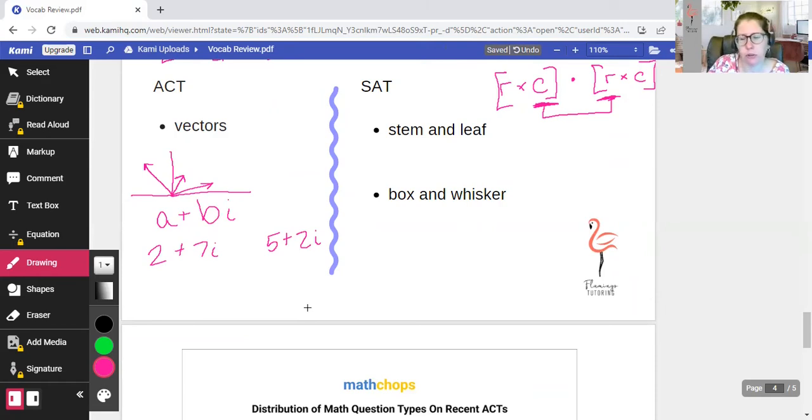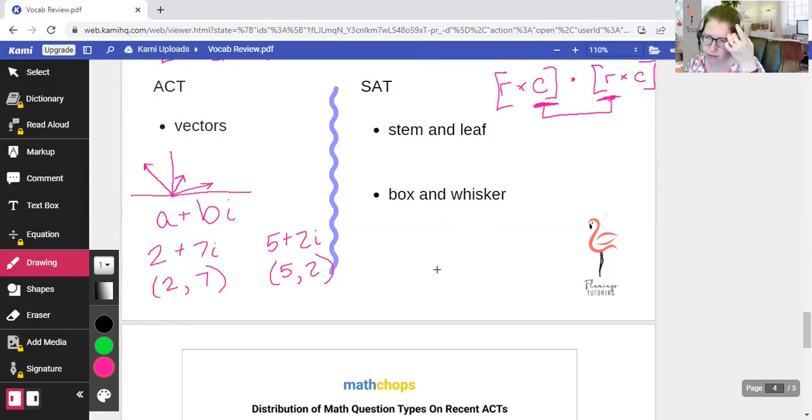And then they ask you to find the midpoint. The way to read this is just that the A location is your X and the B location is your Y. So it's 2, 7 and 5, 2. Once you've made that change, then you're back to a comfortable coordinate graph.